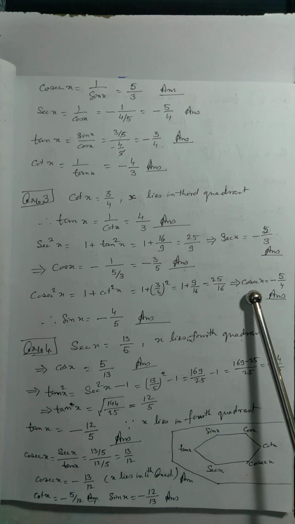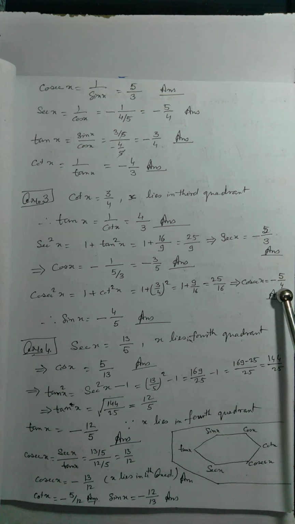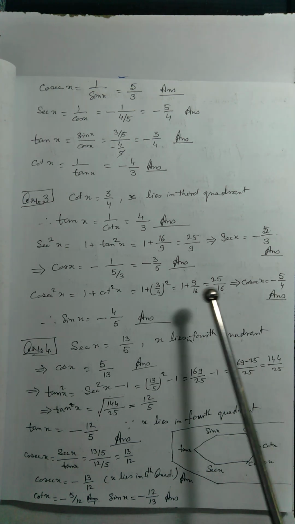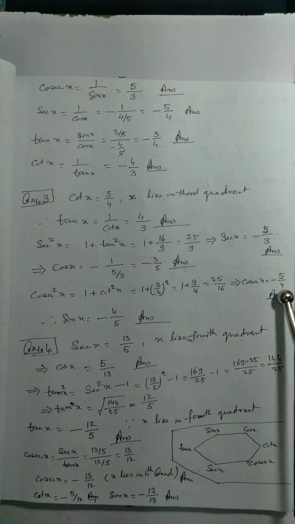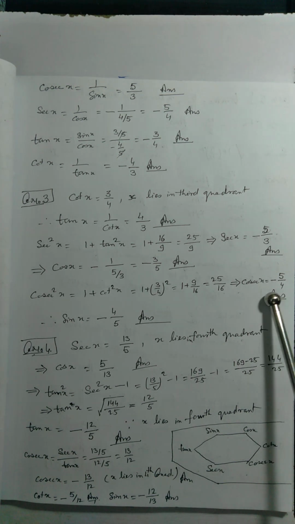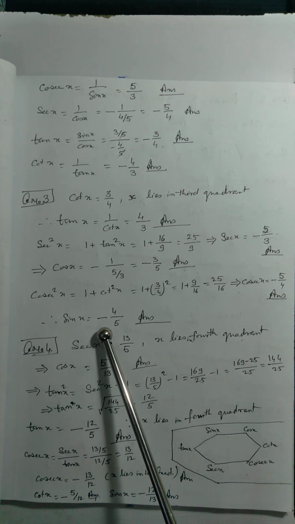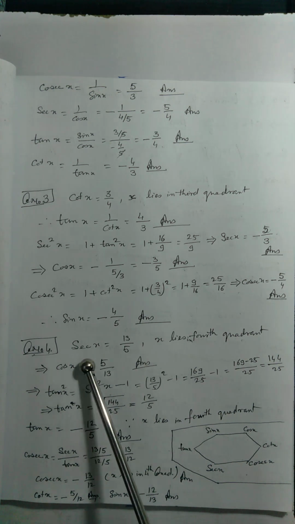And taking the root of it, cosec x will be minus 5 by 4, because x lies in the third quadrant, the value of cosec x will also be negative. Now sin x will be the reciprocal of cosecant x, so it will be equal to minus 4 by 5.